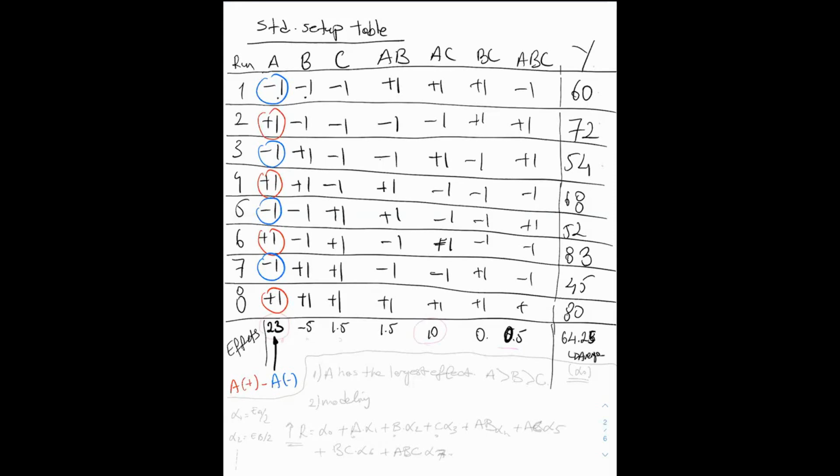So based on this, interactions, right, I can do a couple of observations. Okay, let's do those observations and we will move on. So the first observation is A has the largest effect.